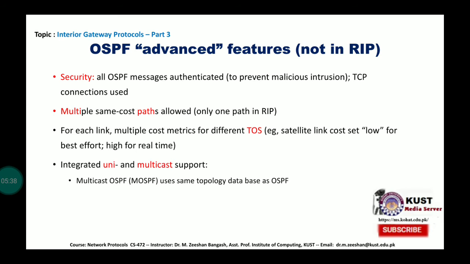Another aspect is that it supports multicasting and unicasting mechanisms, and MOSPF, which is the multicast OSPF protocol, has been in the market, and it uses the same topological infrastructure as was traditionally used by OSPF. So it supports unicast and multicast operations.